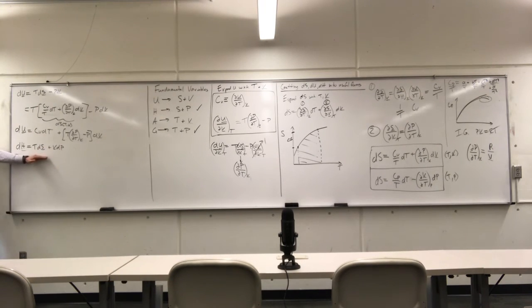Right, this expression here, we started off with the combined first and second law. We defined enthalpy as U plus PV, and then did a little bit of substitution and mathematical simplification, and we came up with this form right here. That's where this term comes from. This is, again, another expression of the first and second law of thermodynamics.